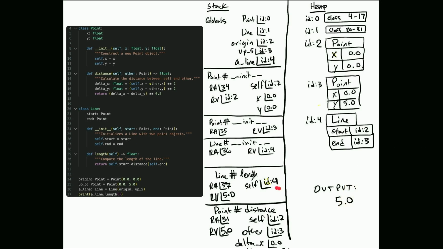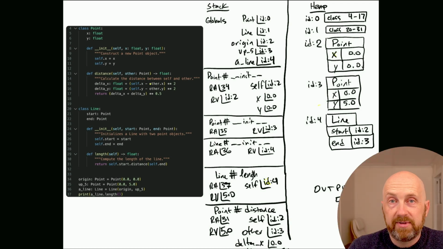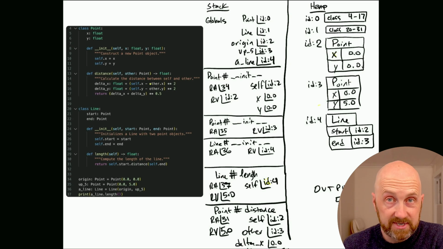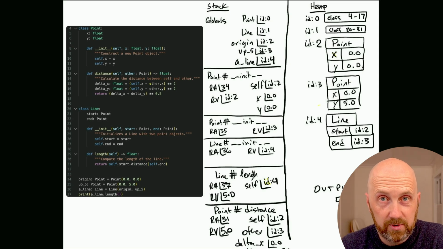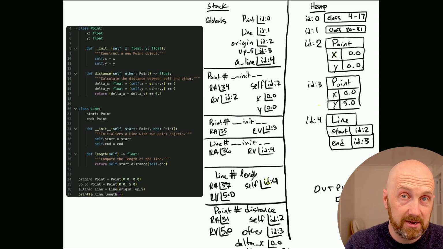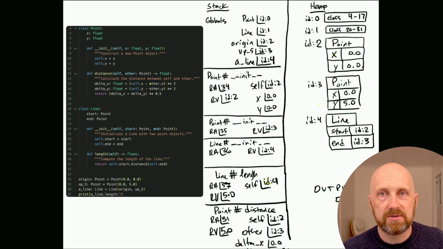Notice that from globals, we called line length, which called point distance, and then this returned 5.0 back to the line length method, and that returned it back up to globals where we ultimately printed out that value. So this is an example of how we can compose objects together and think about how calling a method on one object might lead to method calls on other objects, and that's totally fine.